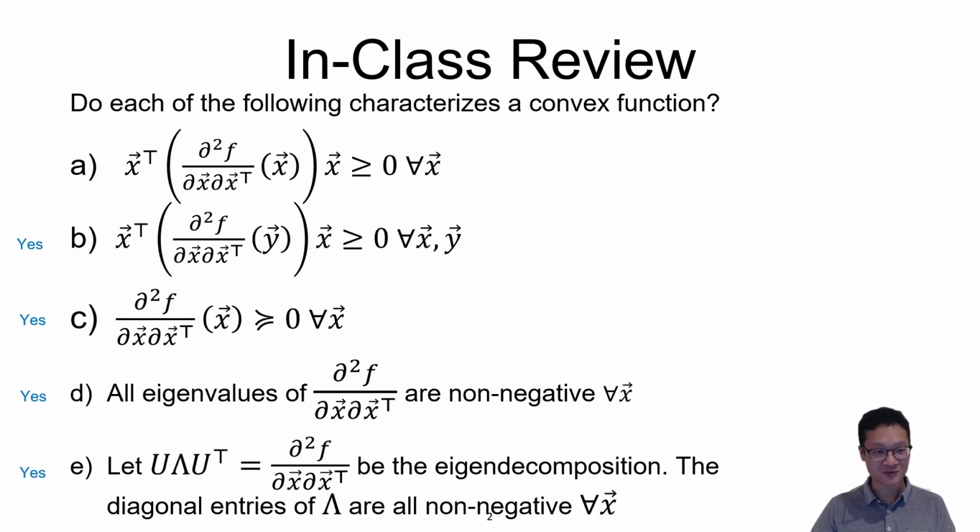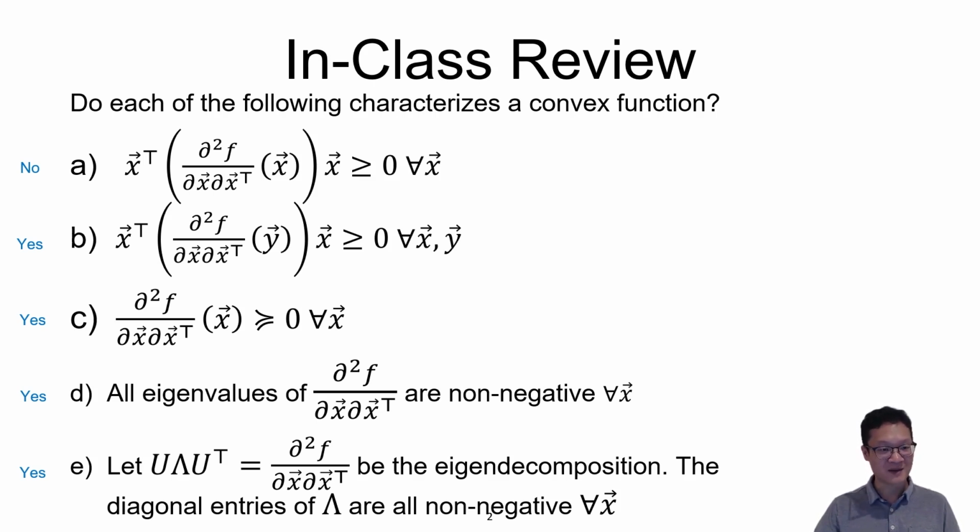And that brings us to A. A is actually the only one that's a no. The reason is that it's not really saying that the Hessian is always positive semi-definite everywhere, right? It's only looking at a single value of x, which happens to match the argument of the quadratic form.